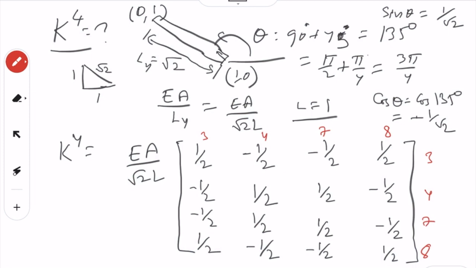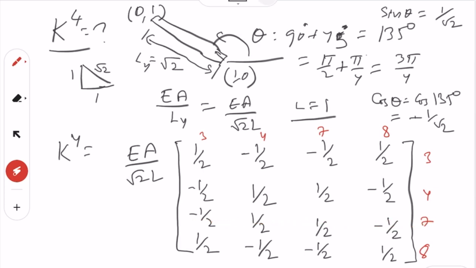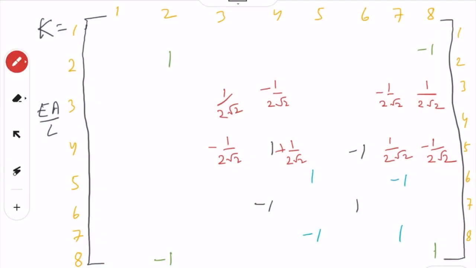Okay, now the next row we have similar to above only, exactly this row is exactly like this one only, but this is at 7. So we write at 7, 7 is here, this is the 7 one, and then we have the 8 one. So 7 we have here minus 1 over 2 root 2, yeah.